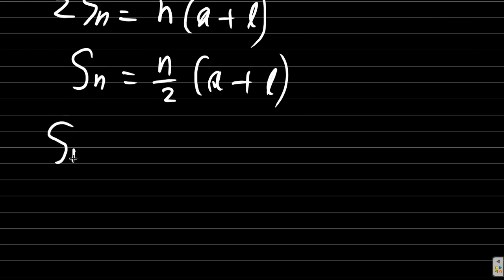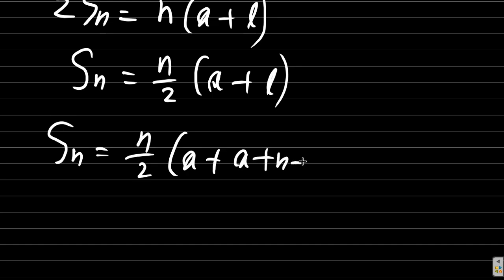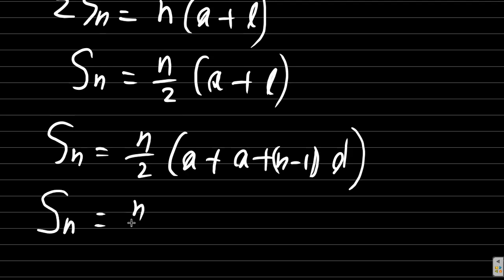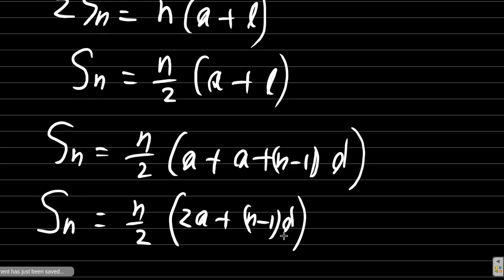So the sum of n terms is n over 2 times A plus n minus 1 D. So what we can do is write this as the sum of n terms is n over 2, A plus A is 2A, 2A plus n minus 1 D. And close the bracket.